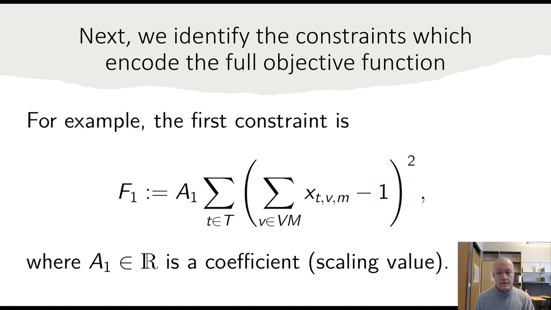Usually in classical setups, this kind of constraint is automatically encoded in the model which is used to optimize this allocation. But in this case, we need to write this very concretely inside this QUBO formulation. And this A1 here is a suitable scaling value, which we need to decide a bit later.